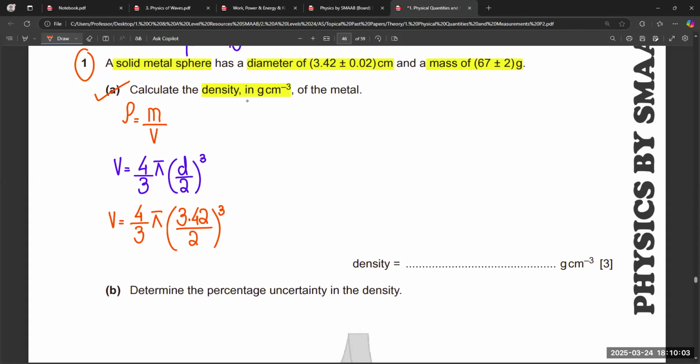So the final answer is 4 by 3 multiplied by the value of pi multiplied by 3.42 divided by 2, whole cube.